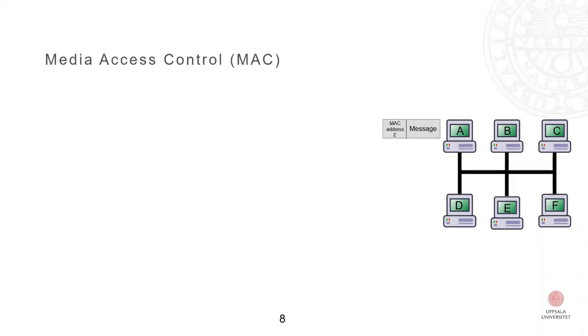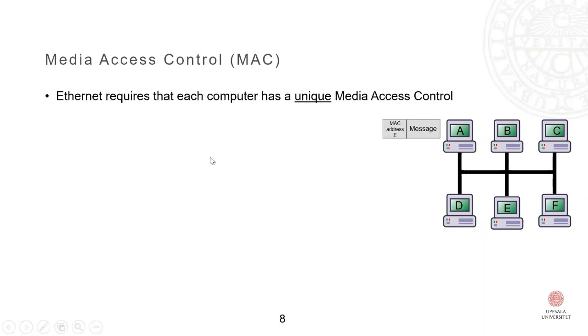In order to determine the receiver of each message, Ethernet requires that nodes that are connected to a network have unique addresses. These addresses are called MAC addresses. MAC stands for Media Access Control, and it is a protocol, a set of rules that are used by computers that are connected to a LAN to communicate with each other.